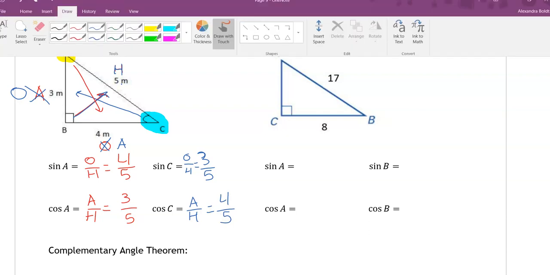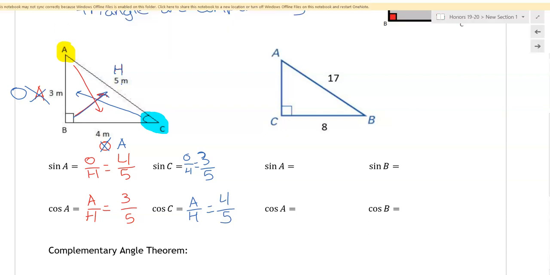Same kind of thing for this triangle. However, I have a missing side here. So I am going to use the Pythagorean theorem, a squared plus b squared equals c squared. So that's a squared plus 8 squared equals 17 squared.